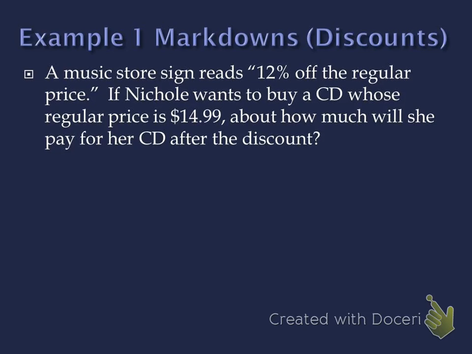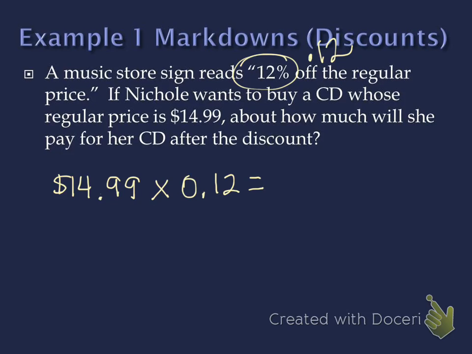So if you flip back up to your notes to get that markdown, we're going to have to take the price of the CD, which is $14.99, and we are going to multiply that times the discount. Well, the discount is 12%. Remember, we need to change that to a decimal, so times 0.12.